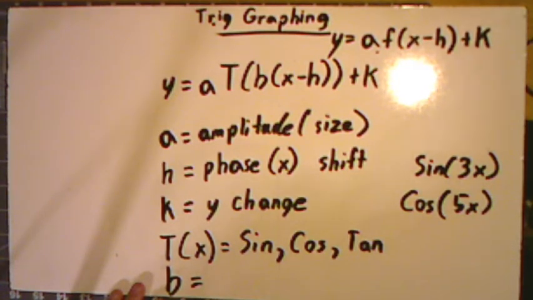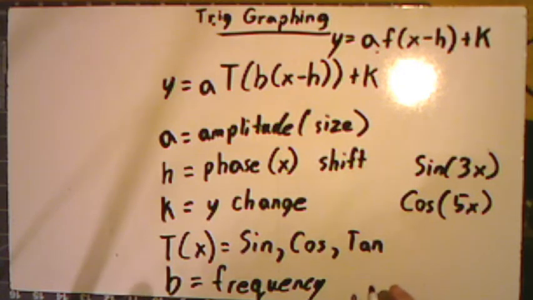That's what b is. So we call that frequency. There are other names for it, but it changes the frequency of your final function, and so it either shortens everything together or makes it much, much longer.